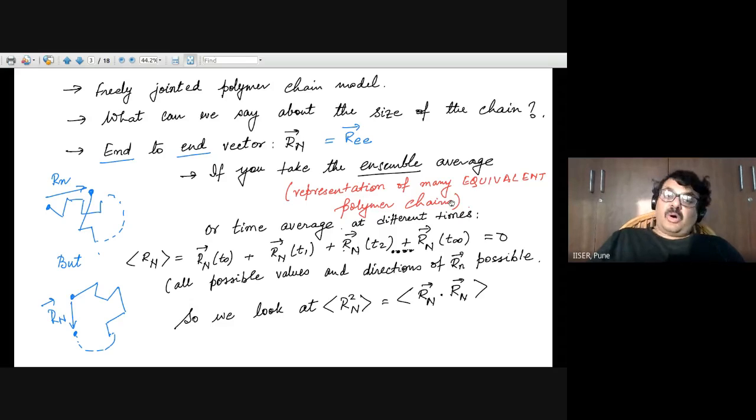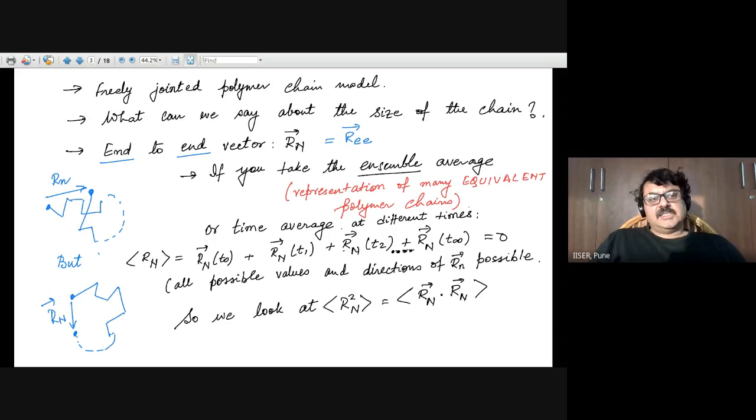Or suppose you take a time average, looking at this polymer chain as its conformations evolve with time as the monomers move around. In statistical physics, the fourth year students would know that in equilibrium, the time average equals the ensemble average.